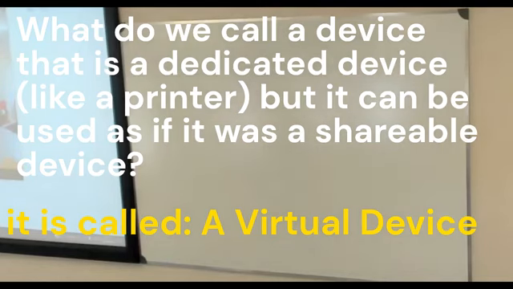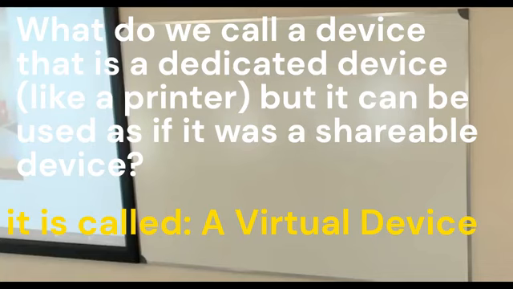So if I ask you what is a virtual device, it's a device that by its nature is a dedicated device that only allows one user at a time, but somehow we make it work by allowing a number of users. Or it appears to be. It's not in reality. That's why they use the word virtual.